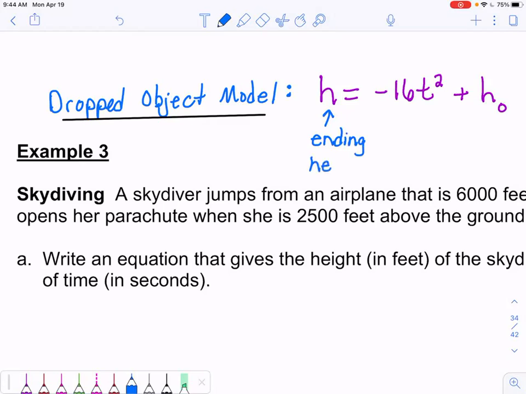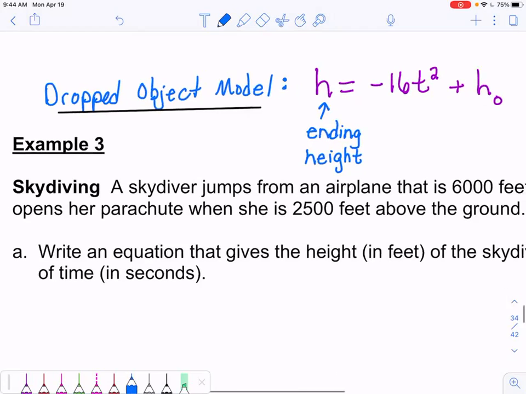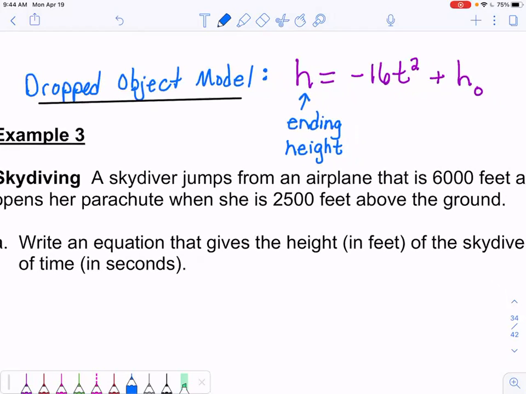And way back in chapter 1, which was so long ago, we wrote equations as well to represent height, except we did the height of the floors in a building or in a hotel. But we did an airplane as well that was kind of falling. So we did look at some equations and writing equations. So the ending height is just the regular h.